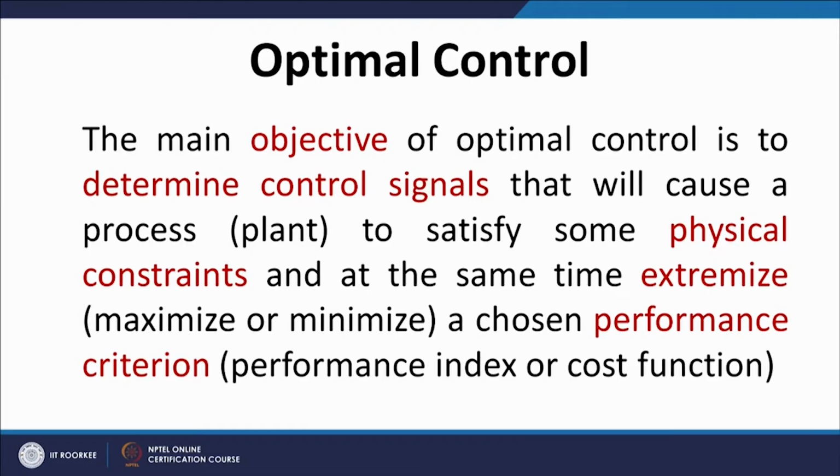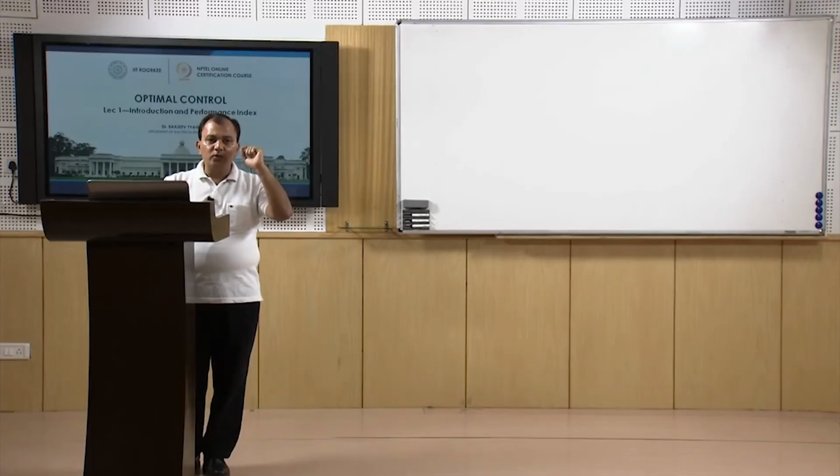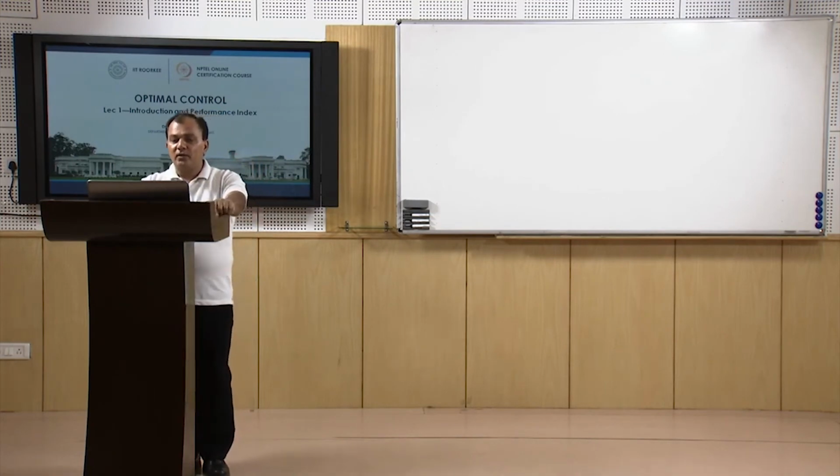So, how are we setting our objective? The main objective is to determine the control signals, meaning the input going into the plant, that should be the controlled input, and how we are controlling this input is our main objective.